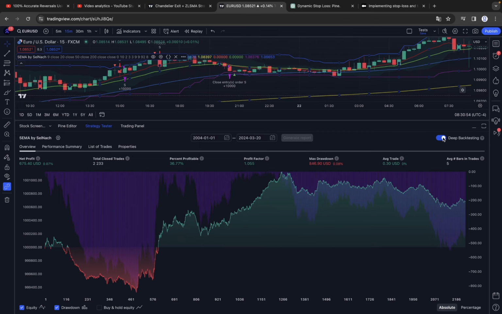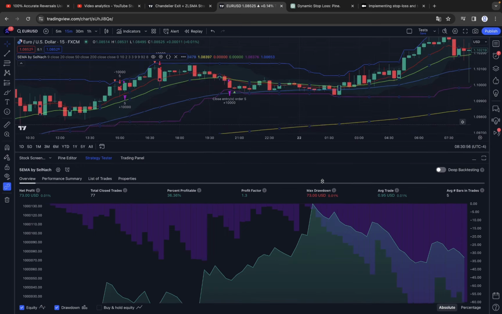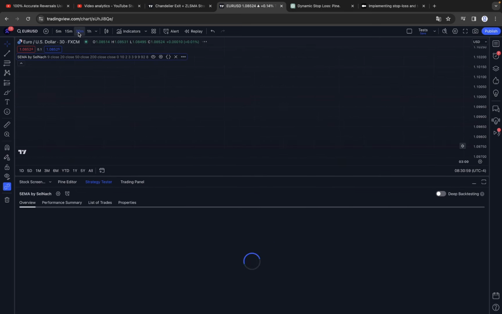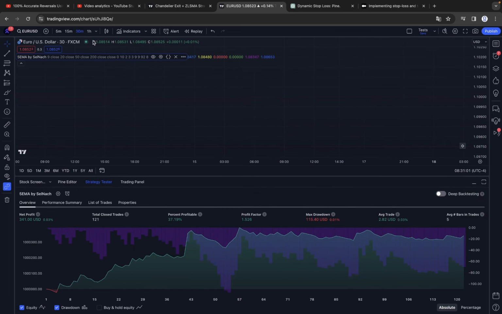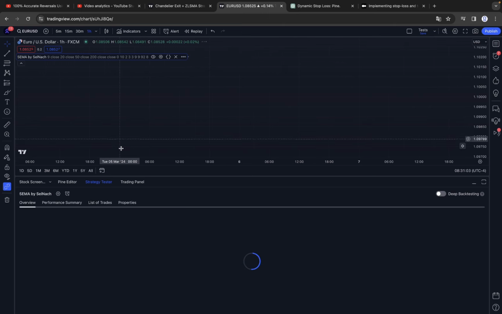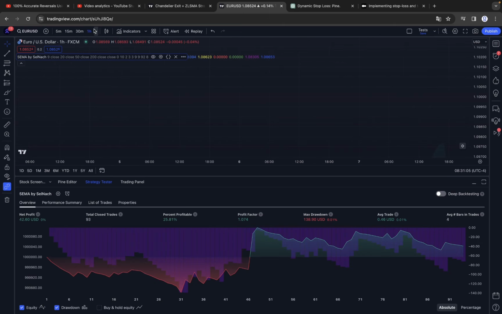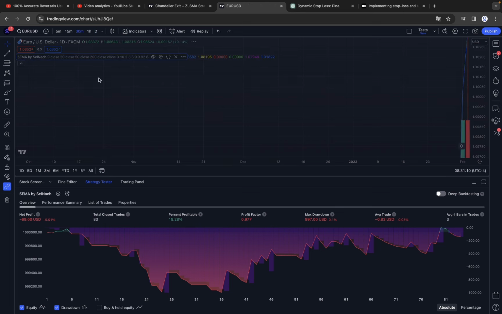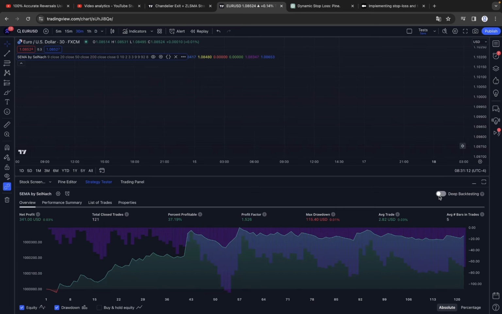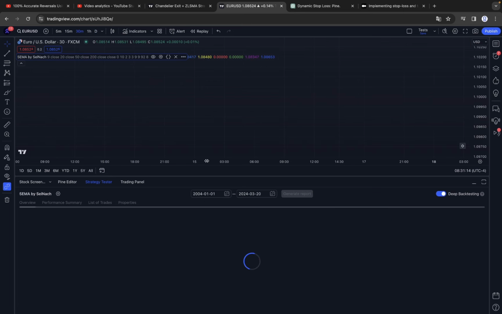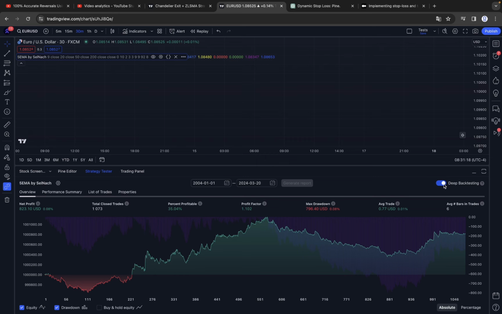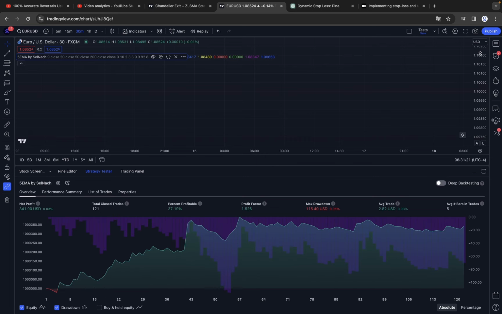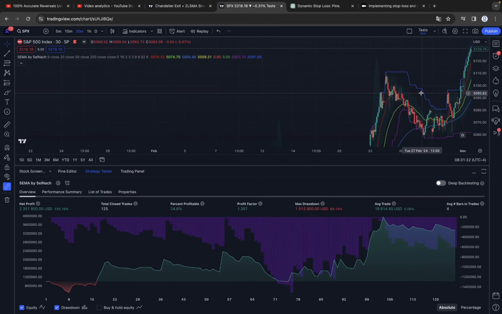So overall, not such a good strategy. We can also take a look at other time frames and other symbols. If we go to the 30-minute time frame, it looks a bit better. 1 hour time frame looks a bit worse. Let's go to the 1 day time frame, even worse. Maybe we can take a longer backtest here. Also not very good. Let's take a look at SPX, S&P 500.